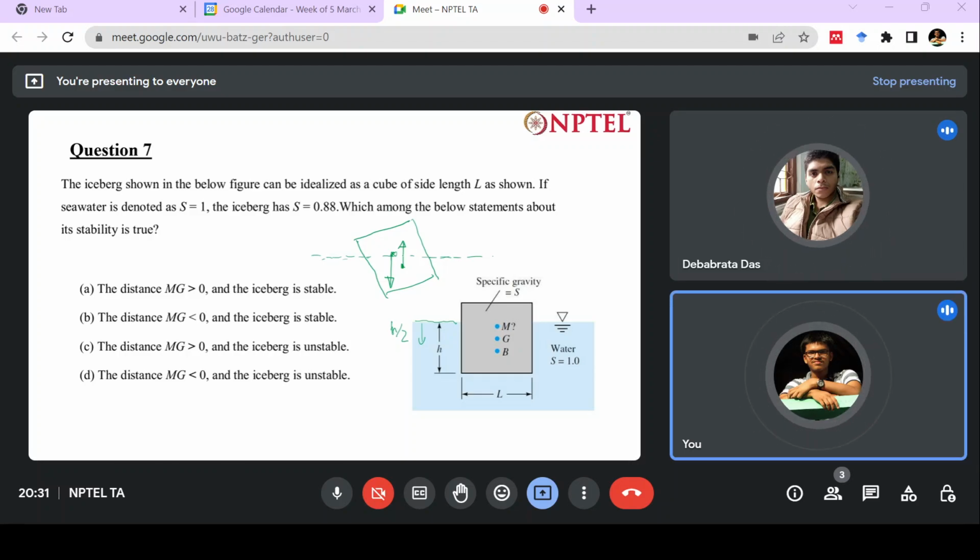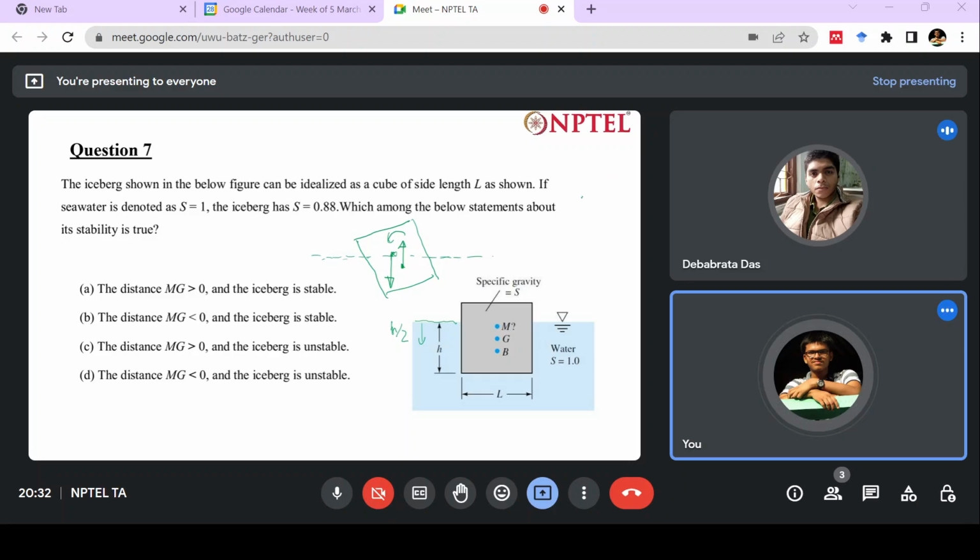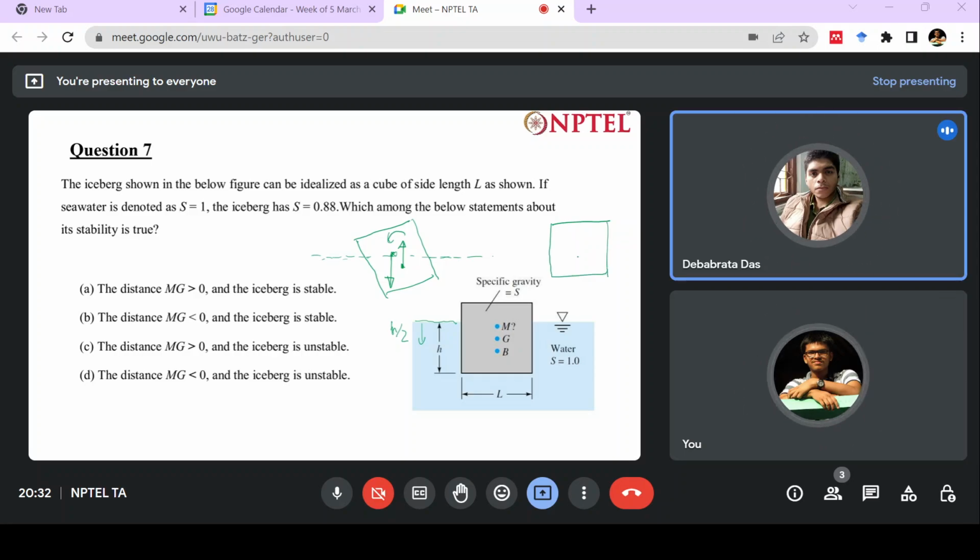Because the torque that you can see will further submerge it, meaning it enhances this perturbation. For a ship, what happens? The center of gravity is much lower.